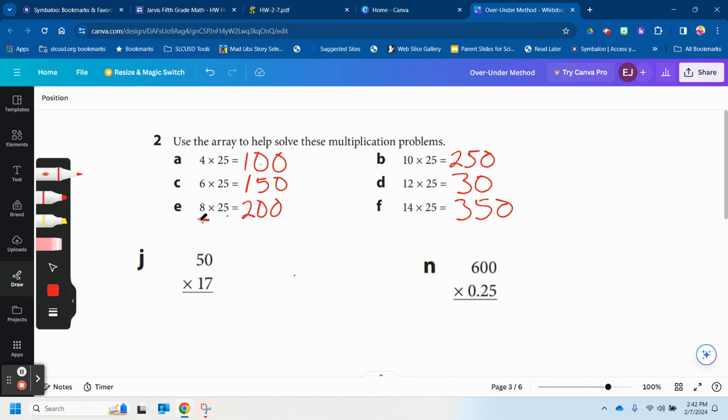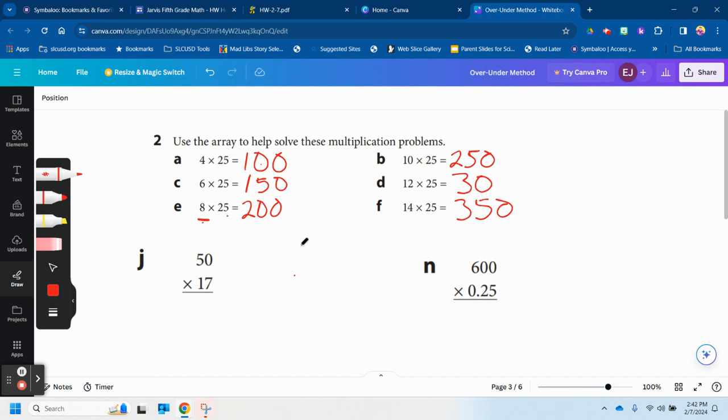So if I double them both, 16 times 50 would be 800, right? Is that right? Yes, 800. So 16 times 50 would be 800.